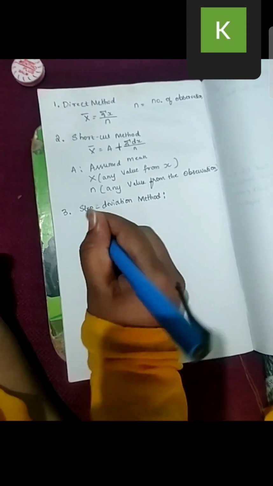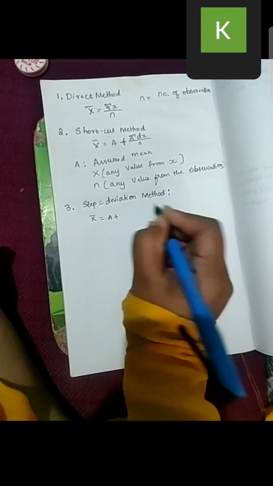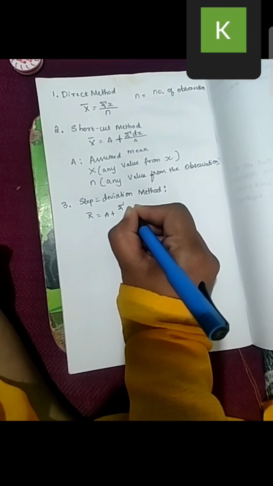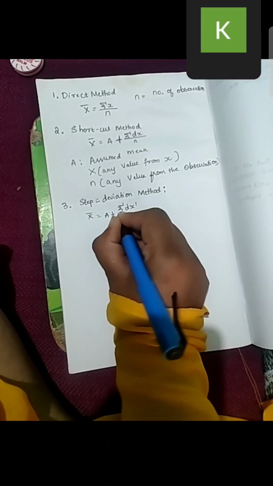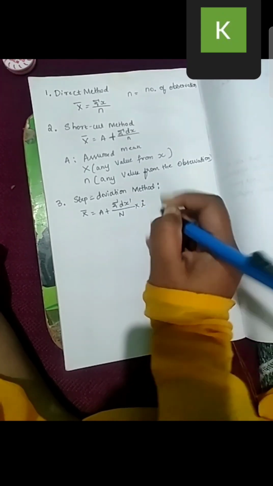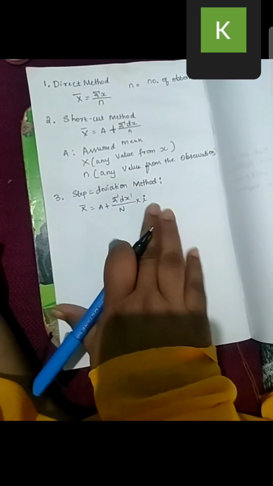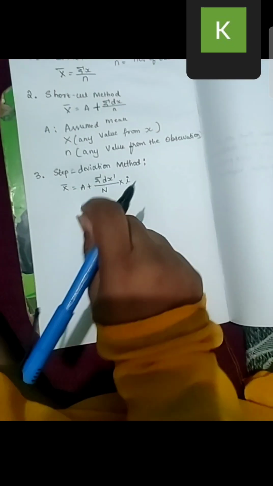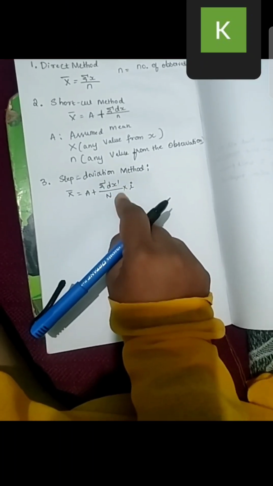Step-deviation method. For individual series, the step-deviation method formula is x bar is equal to A, where A stands for assumed mean, plus summation dx bar divided by n into i.